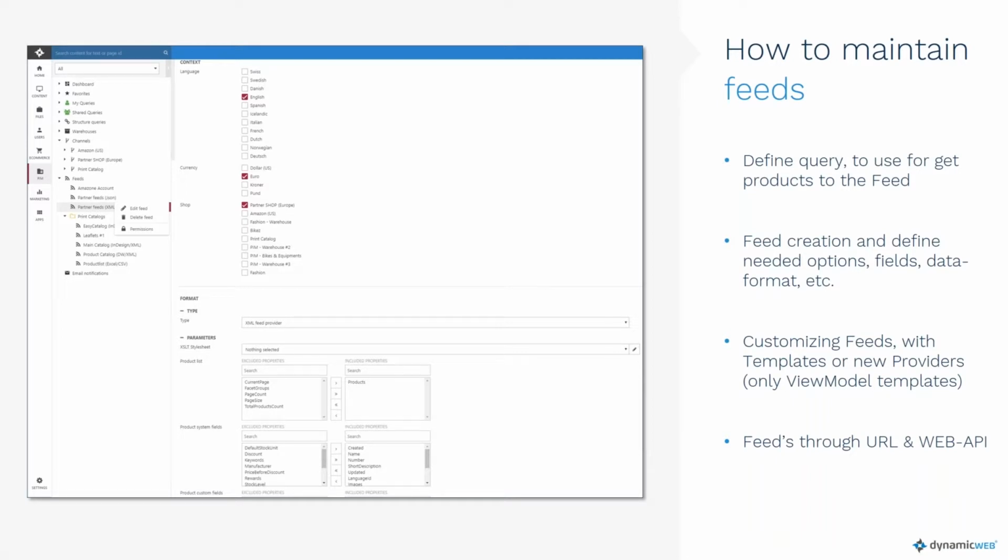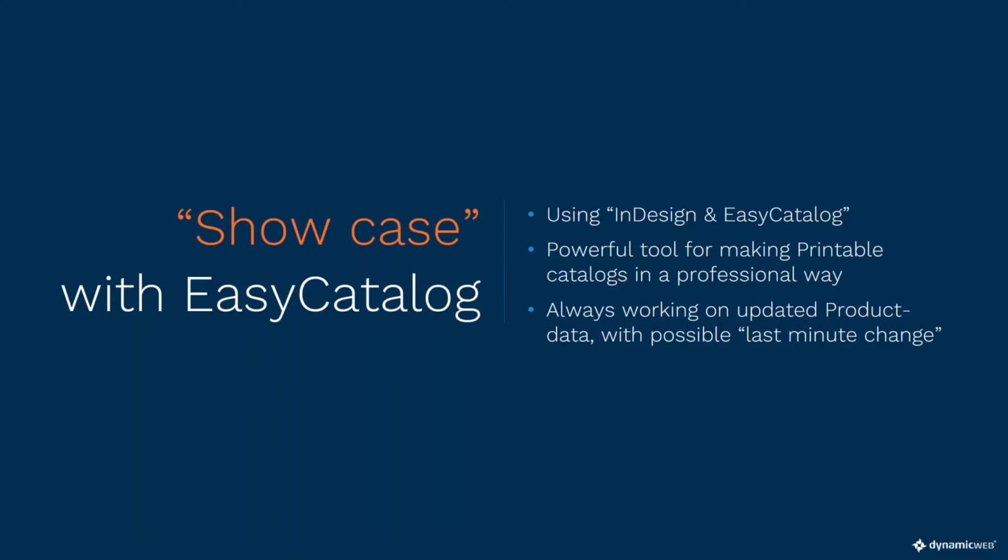Let's try to make the showcase now, where I use it in Easy Catalog, the plugin to InDesign. Most of you probably know about Easy Catalog, and it's a very powerful tool, and a lot of companies use it for organizing and maintaining products in huge catalogs.